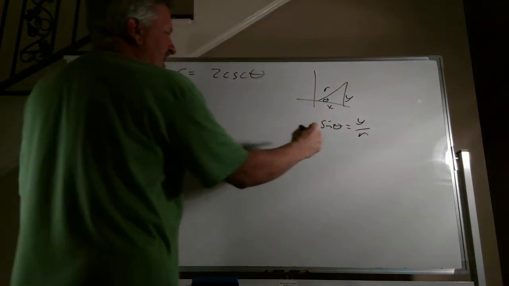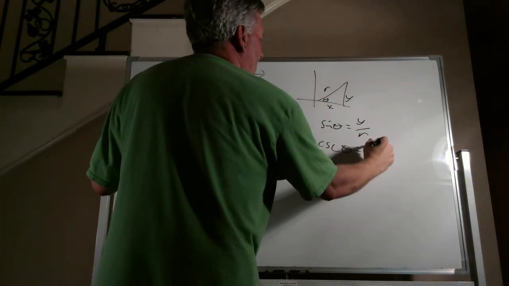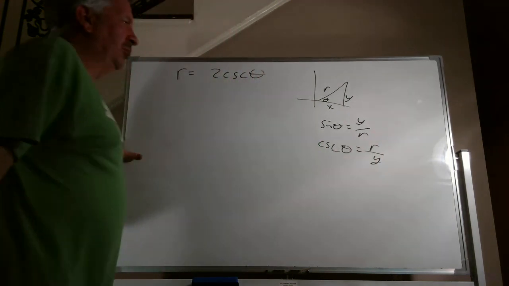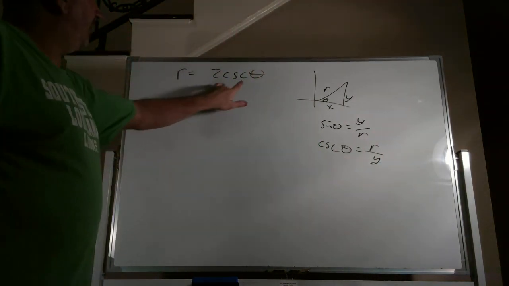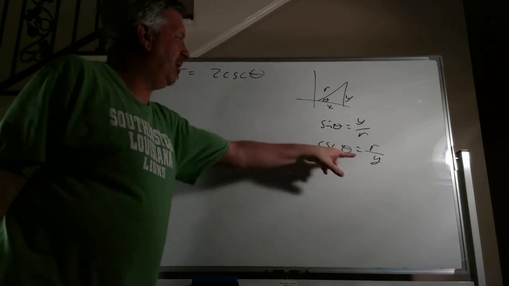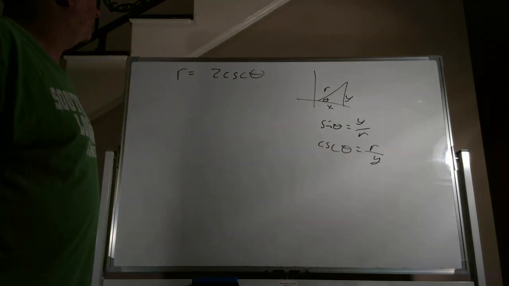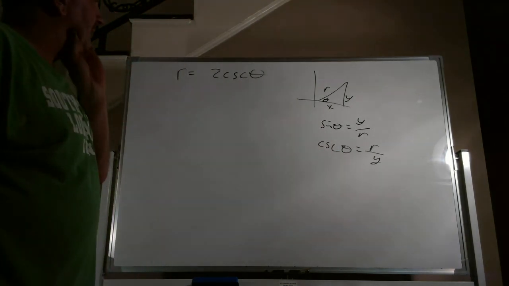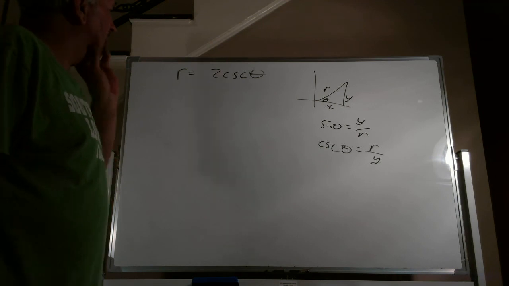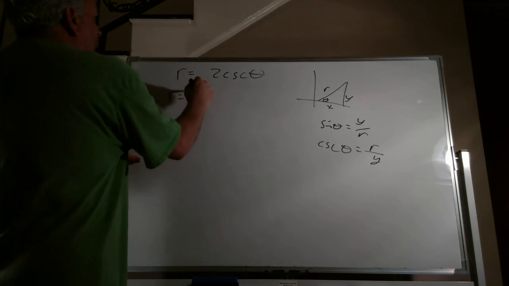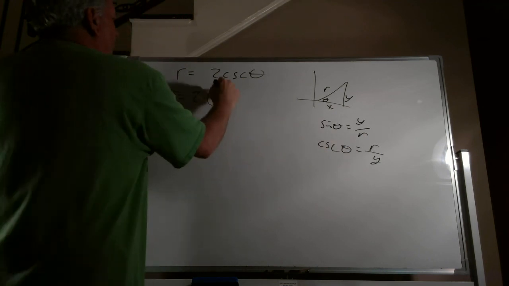So what's cosecant theta? Cosecant theta is r over y, isn't it? The reciprocal. So let me replace cosecant theta with r over y. Okay, so r is 2, cosecant theta is r over y.